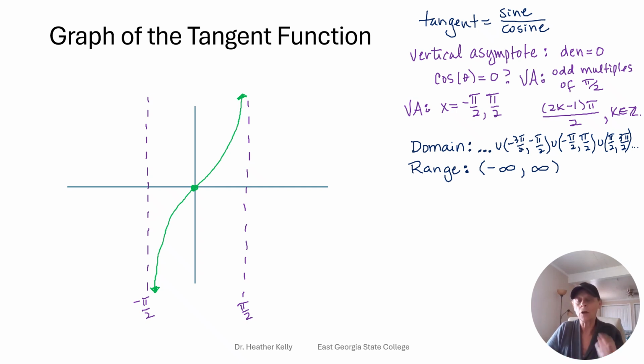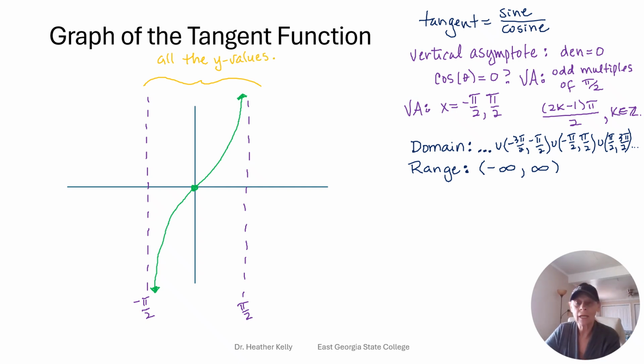And for sine and cosine, because of the shape, it takes 2 pi units for you to get every single x and y value possible for the graph, for the function. Now, if you look right here at our graph, you can see that this has all the y values.